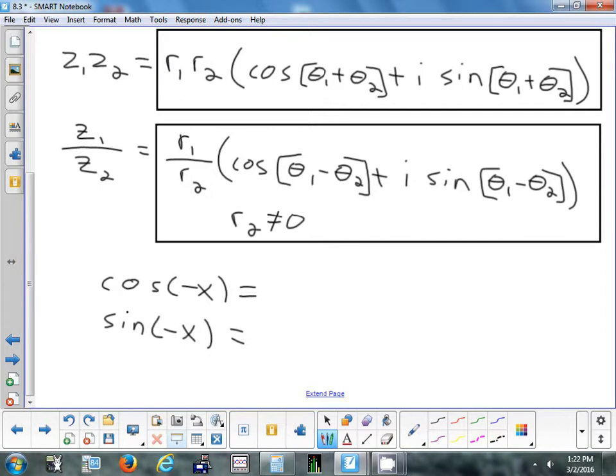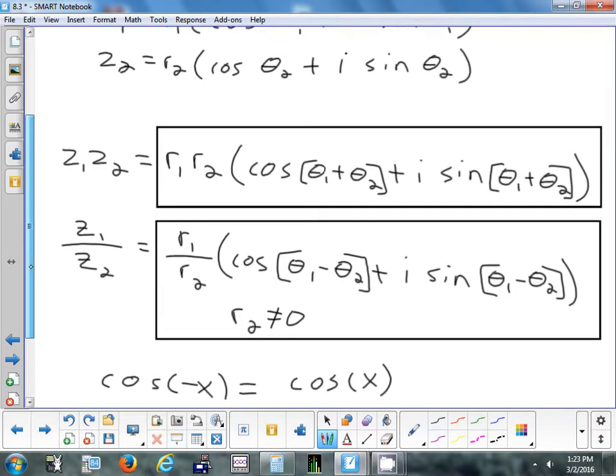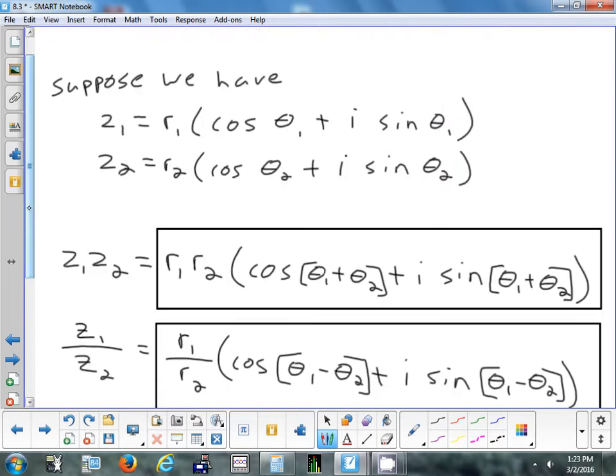Does anybody remember what cosine of negative x is the same as? What you can do with this negative? You can just get rid of it. Yeah, with cosine, if you end up with a negative for the angle, you can get rid of it on the cosine part. Right? So when you're writing your final answer, I'll show you how that works.